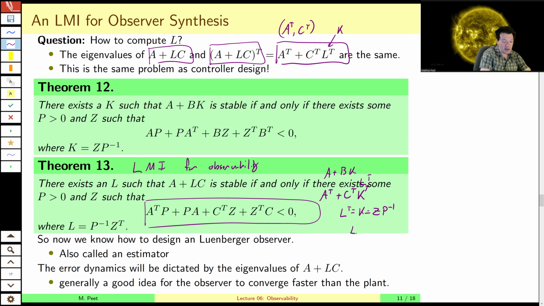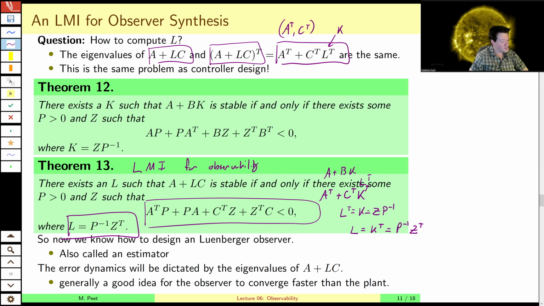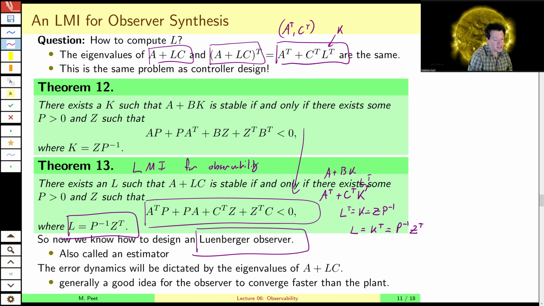To get our L transpose, we just take the transpose of K. That just becomes P inverse Z transpose, and that's our observer gain. So now, in a relatively straightforward manner, we went from our LMI for stabilizability to an LMI for observability. And furthermore, we used that LMI to get the gains for our Luenberger observer, which guarantees that the error in our system will go to 0, and it will do so as fast as we like through the eigenvalue assignment problem.